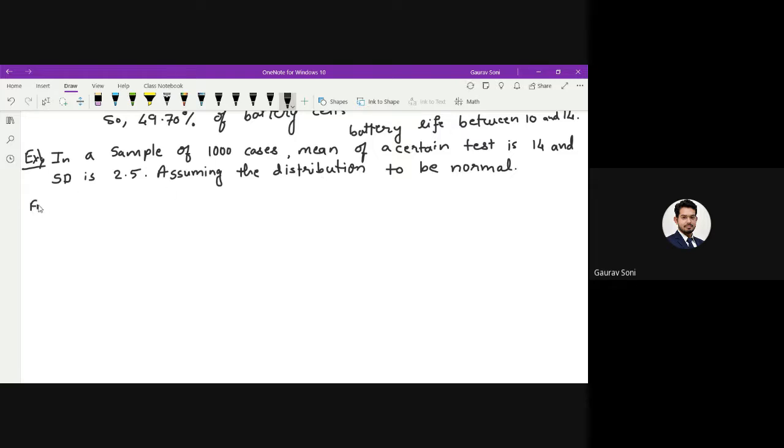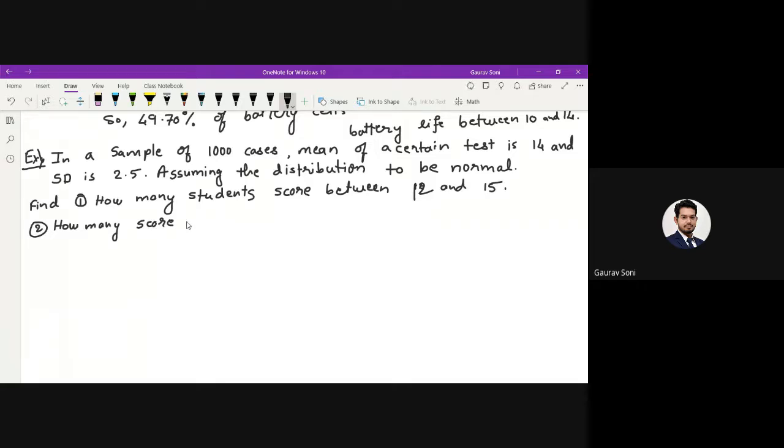find how many students score between 12 and 15. Second, how many score above 18?